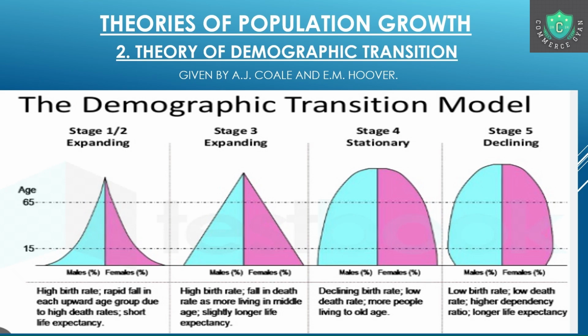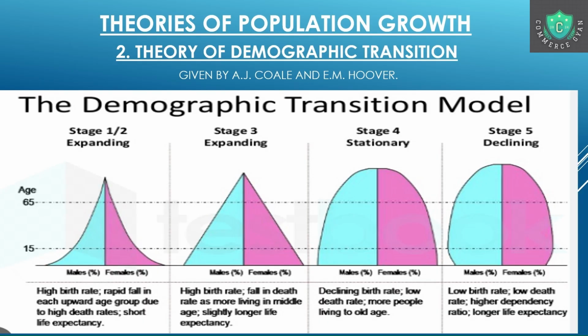So what happens in the stationary case? There could be the problem of youth declining, which means later on, after a few years, there will be more people in the older group and fewer people in the younger group. This is what is happening in many European countries also.